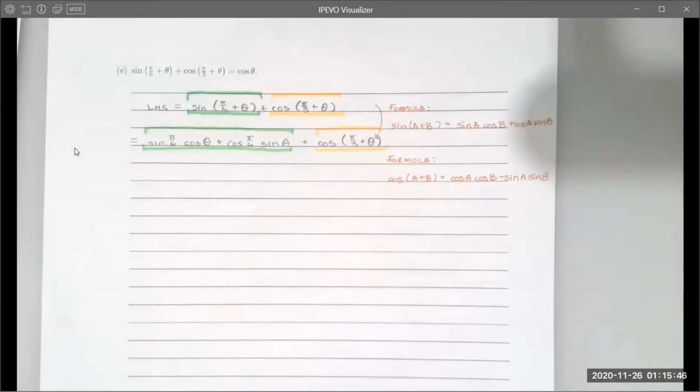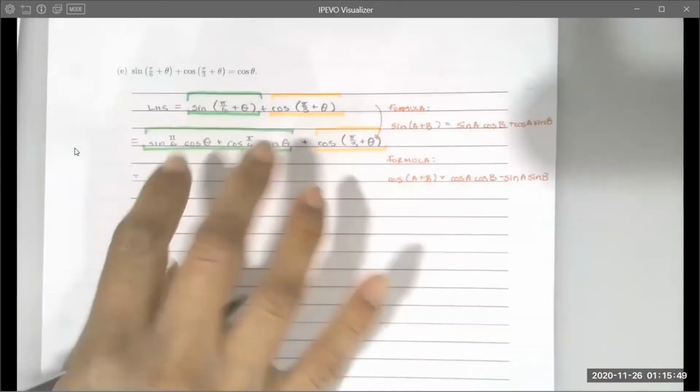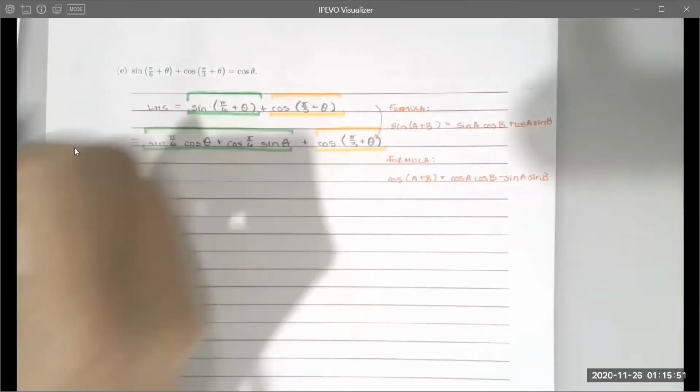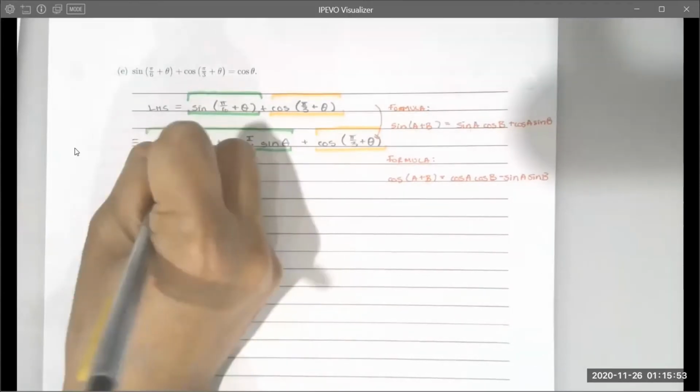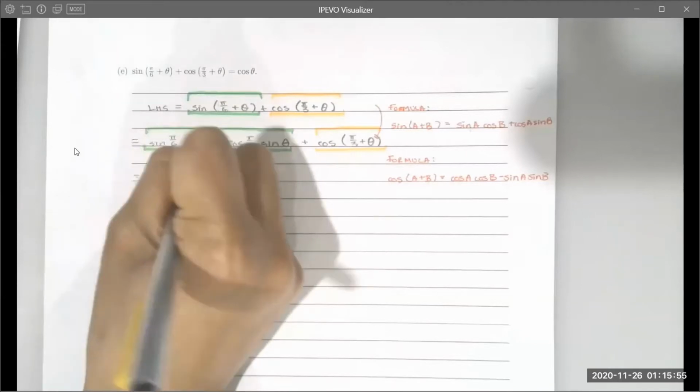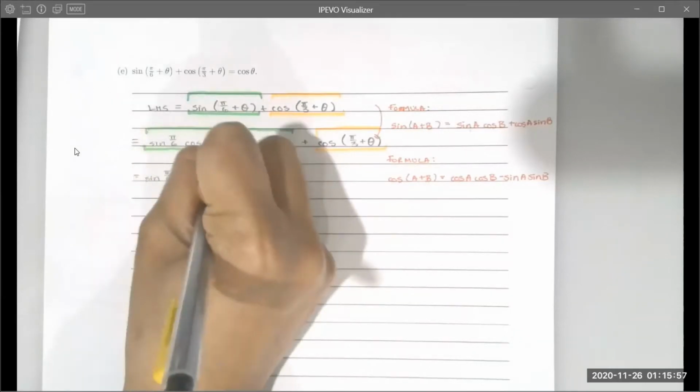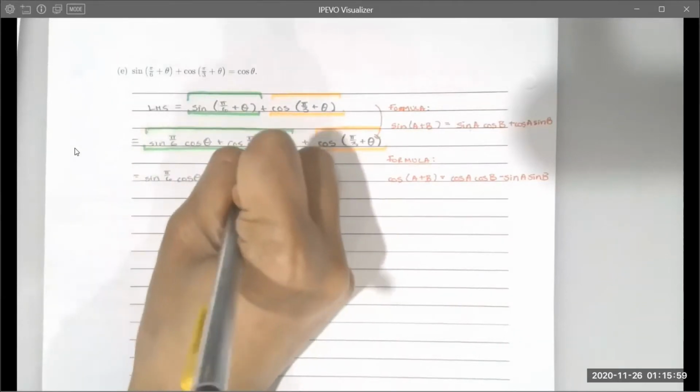Okay. So these first two terms, I'm not going to do anything with them yet, so I'm just going to bring them down. We'll have sine pi over 6 cosine theta plus cosine pi over 6 sine theta.